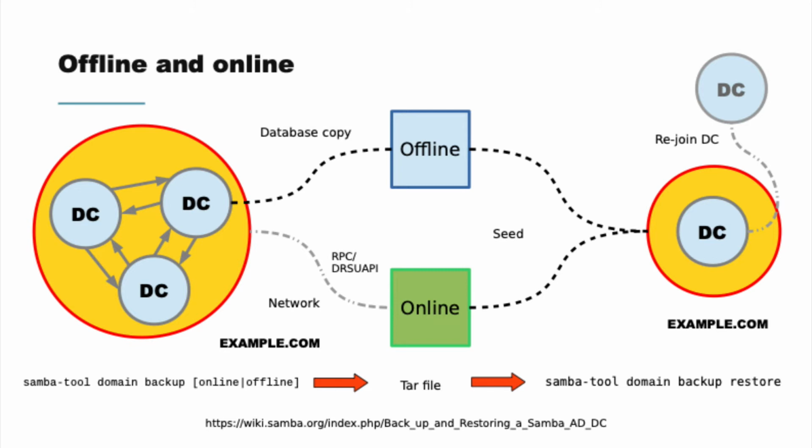Online does the RPC replication calls over the network. And that creates a tar file. Then we give the tar file to the backup restore command, and we start a new domain from scratch, and you have to rejoin things again one by one. That's roughly how it works.